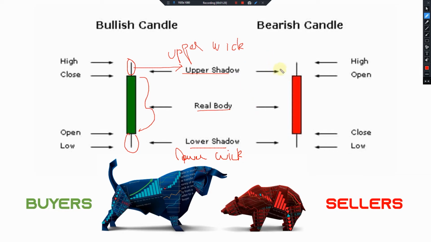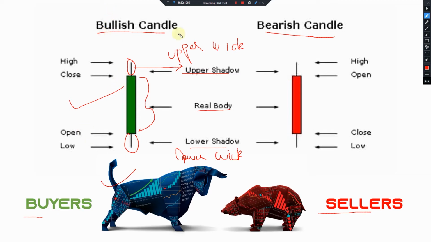And same thing goes for the red candle. So red candle, it's also called as bearish candle, and the green candle is also called as bullish candle, because markets or the stocks are a fight between buyers and sellers. Buyers are considered to be as a bull because they lift the price up, right?